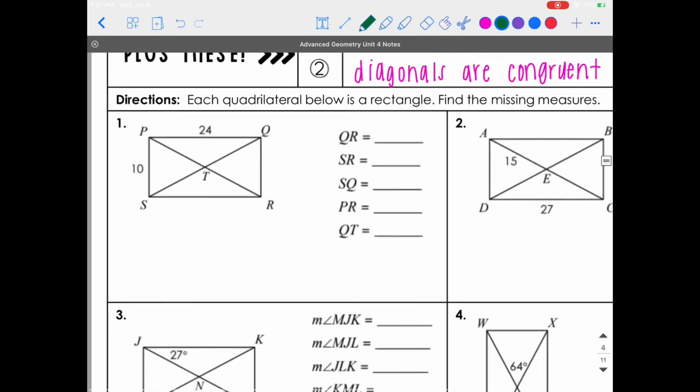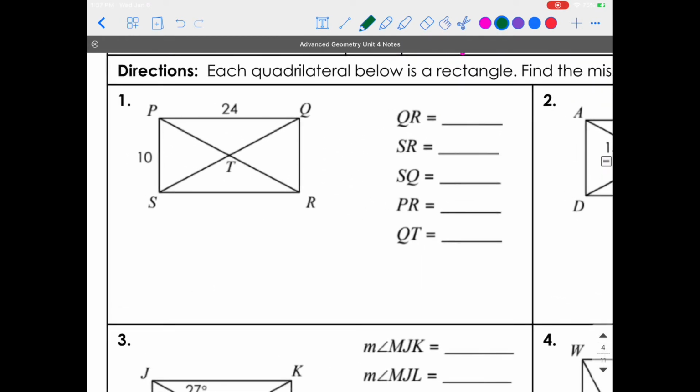So let's look at some examples. Number one, QR is 10, because those sides are the same. SR is 24. SQ.